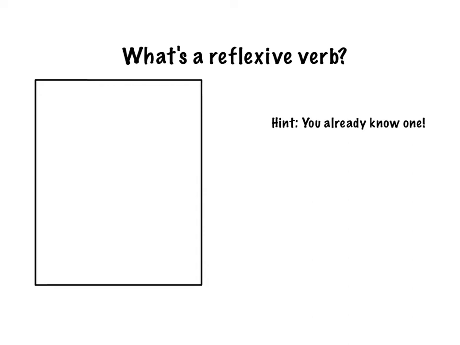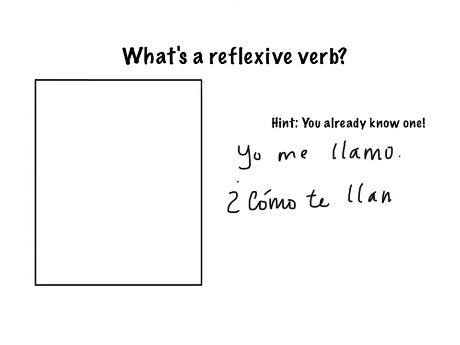But here's another hint. You already know a reflexive verb. You learned it at the very beginning of your Spanish class. You know how to say yo me llamo, and to ask someone ¿Cómo te llamas? Or to talk about your dog or your cat, like mi gato se llama Fluffernutter.